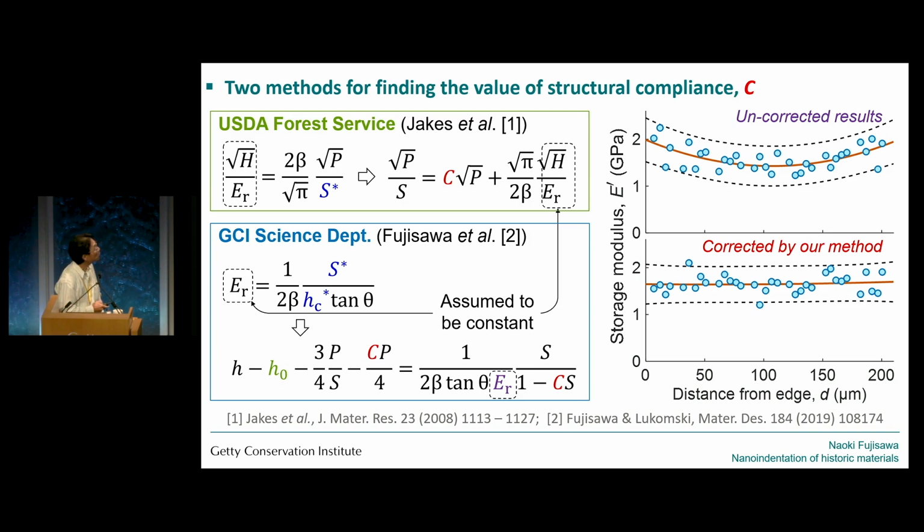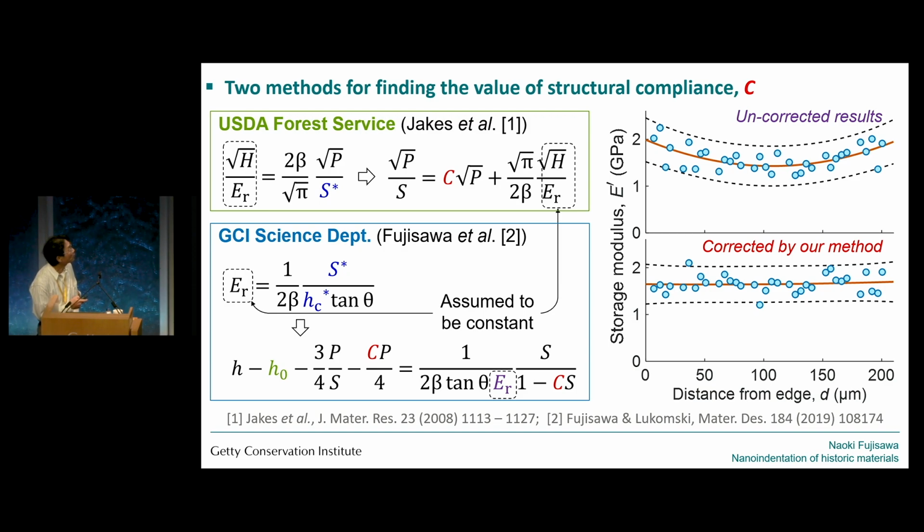And so this shows the obtained storage modulus as a function of depth. The top is the results without making any correction, with the modulus evaluated at a very small force or small depth. As you go close to either edge, you can see the modulus being higher than elsewhere, although the sample is supposed to be globally homogeneous acrylic paint.